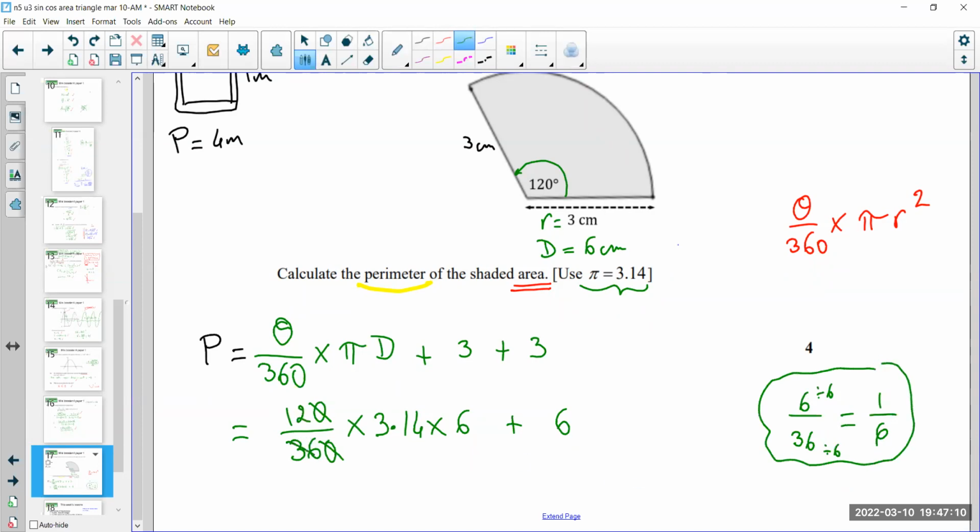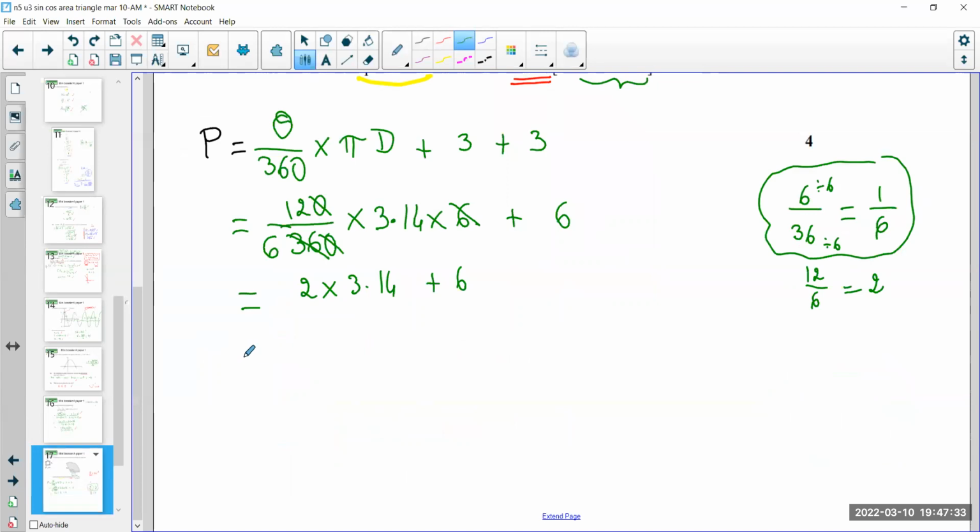So take that out, and replace that with 6. What is now 12 divided by 6? 2. There you go. So this nasty looking thing is down to 2 times 3.14 plus 6. What is 2 times 3.14?